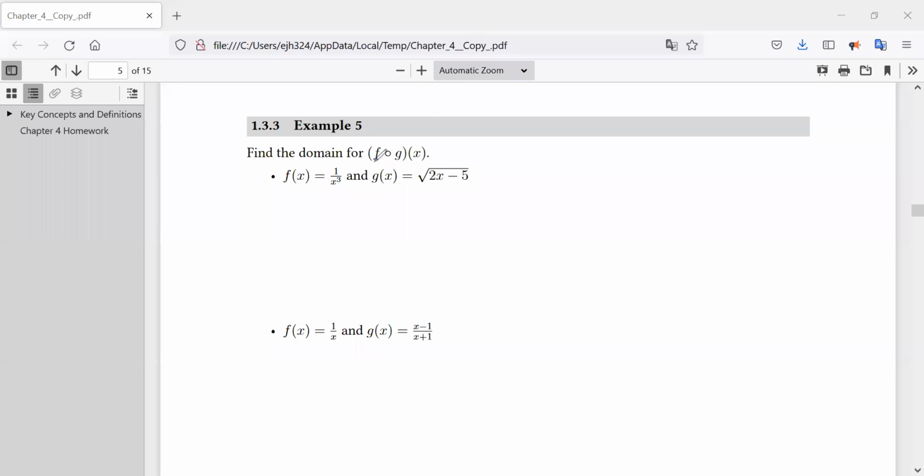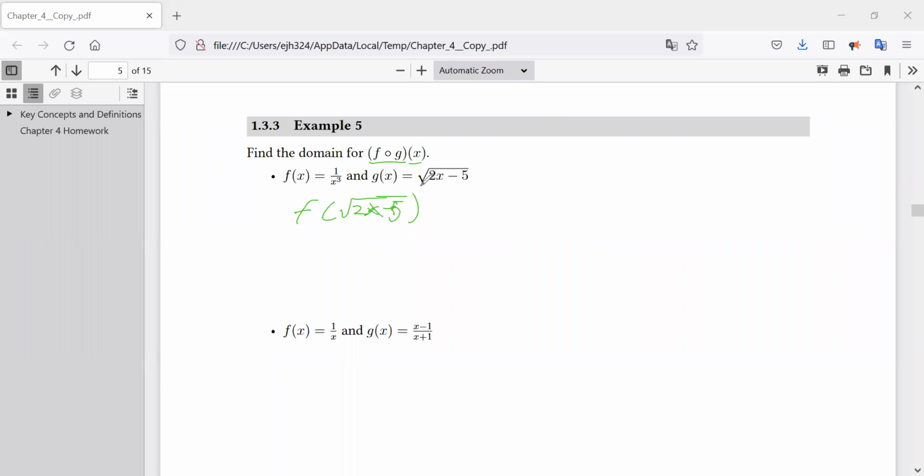The easiest way to do this is to plug the function into the function rather than doing it the way we were doing with the points. Remember from the end of the last class, we had two different methods. One was to plug in the point and then plug in the point again. That's what we just did for those.